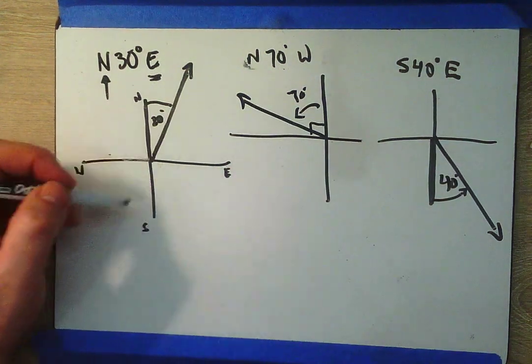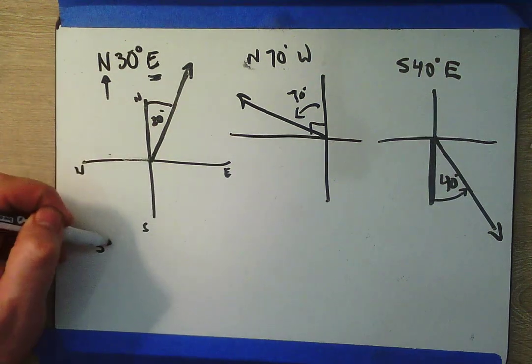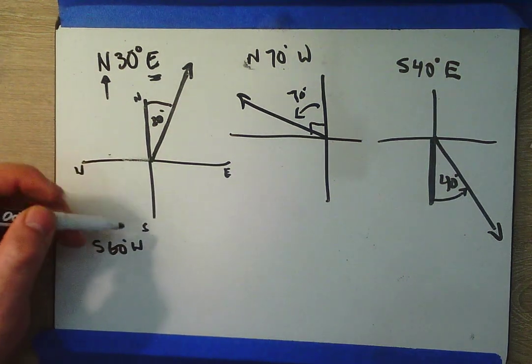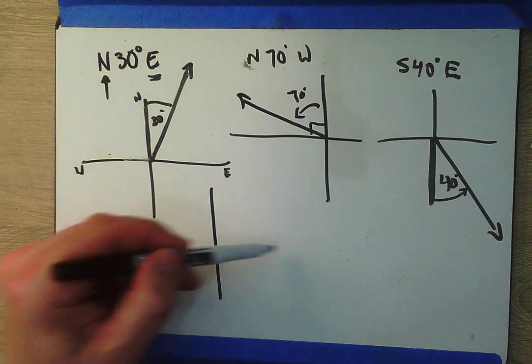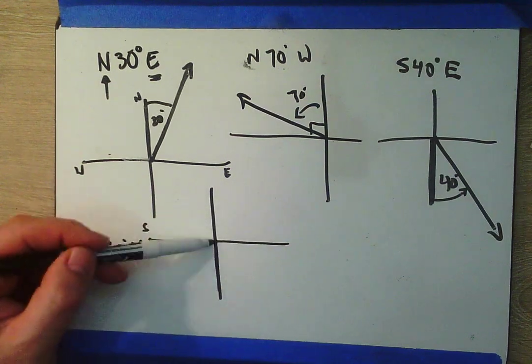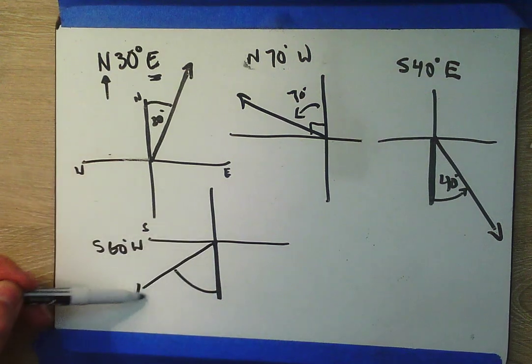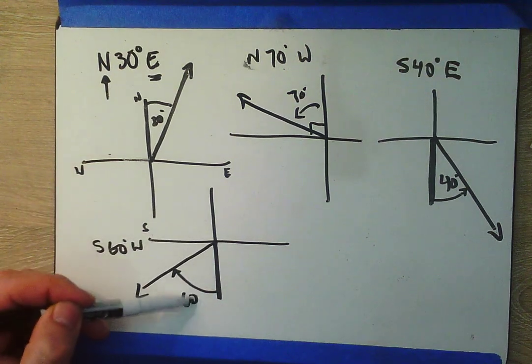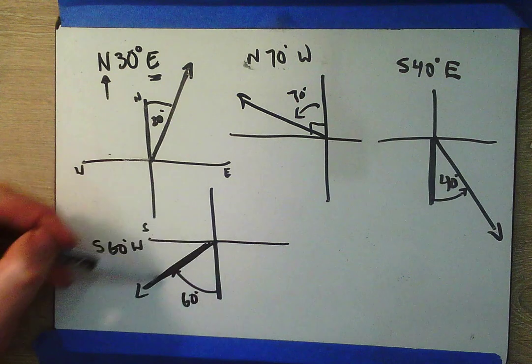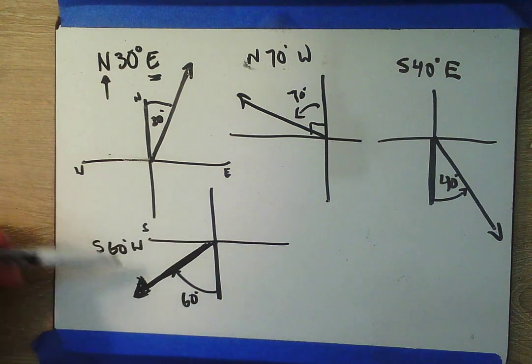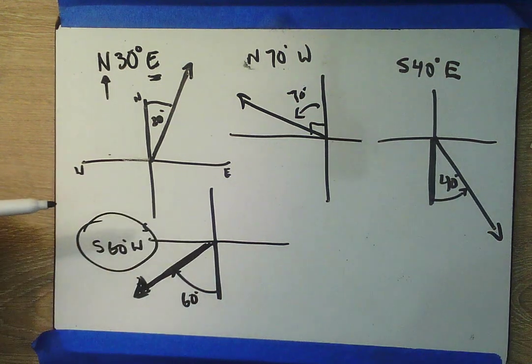And south 60 west. We'll start by heading south again, but this time we'll go 60 degrees towards the west. This is the bearing we follow if our heading is south 60 west.